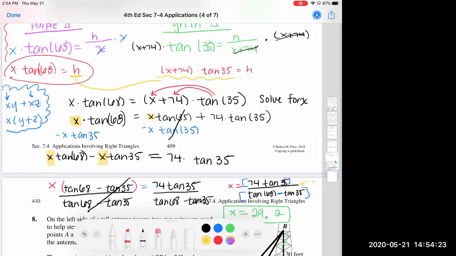Division button. Open parenthesis. Tangent button 68. Close your parenthesis. Minus tangent button 35. Close your parenthesis and close your parentheses again. Now press enter. There we go. 29.1937. Cool.